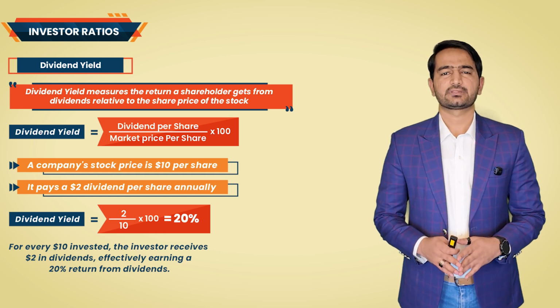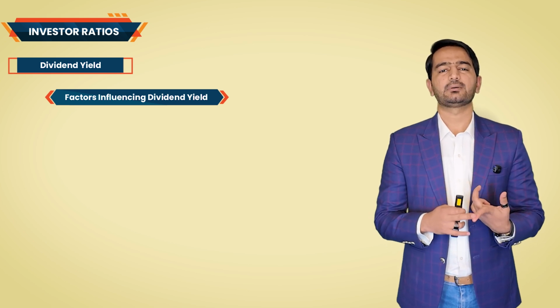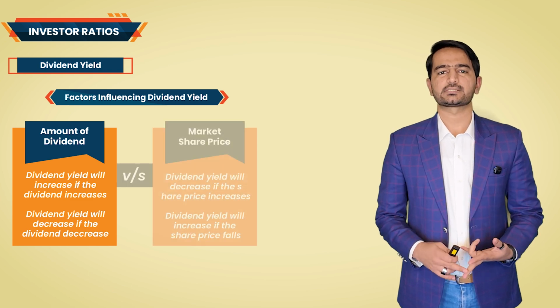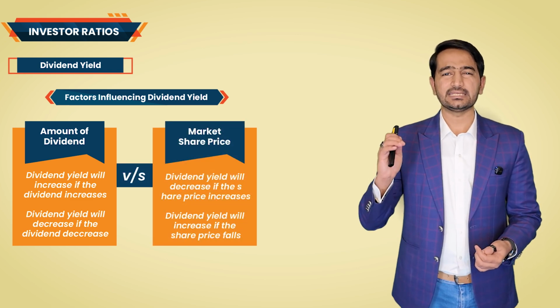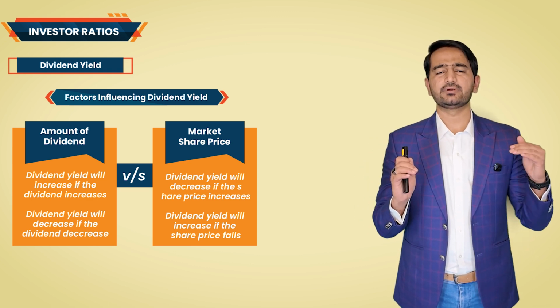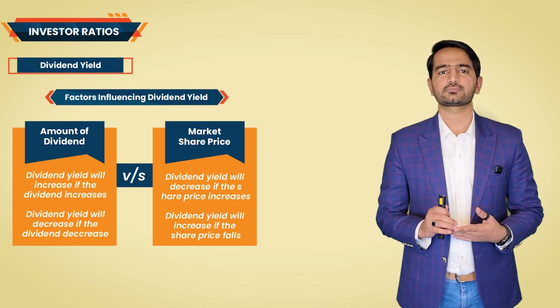All right, my friends. Dividend yield fluctuates on the basis of key factors. Number one, the amount of dividend, and number two, the market share price. If the dividend increases while the share price remains stable, the dividend yield will increase, showing a higher return to the shareholders.